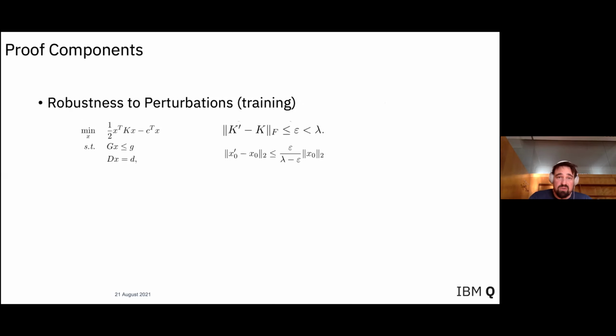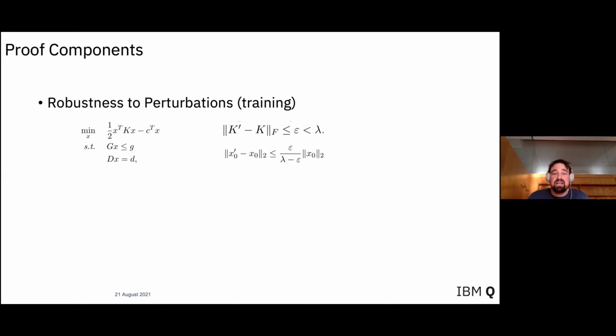Okay, so what is another interesting component of this proof? We say that it is rigorous and robust, and the robustness part refers to the following: as I mentioned, you have these additive sampling errors.